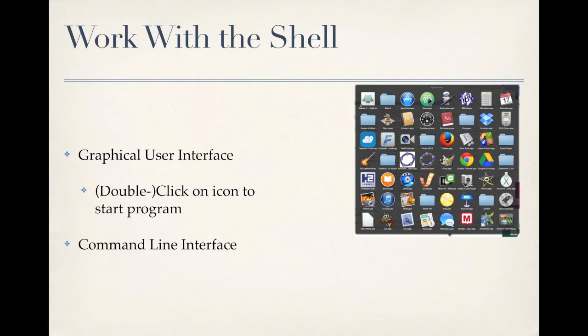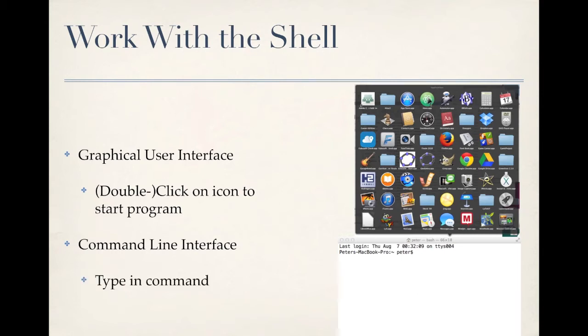On command line interfaces, however, this is a little bit different, and we have to change our workflow a bit. So you see here on the bottom the shell window, and you see a lot of text, no icons, and if we want to start a program here, we have to type in a command.